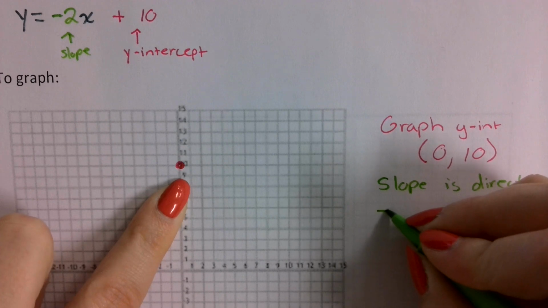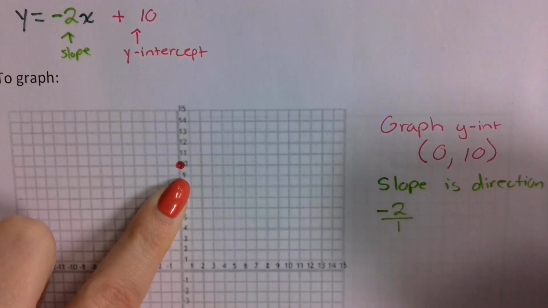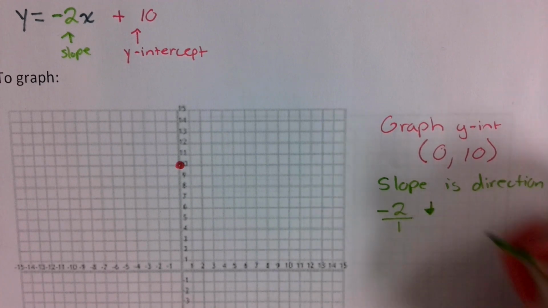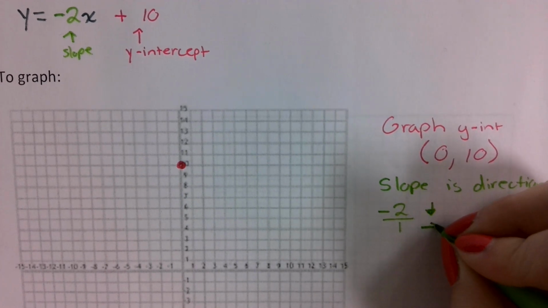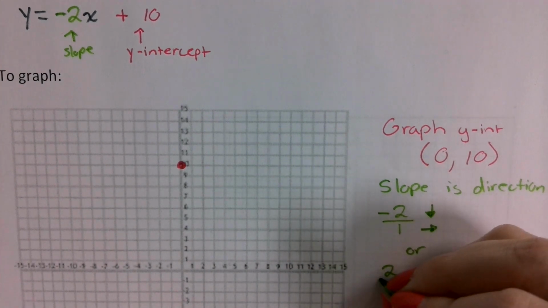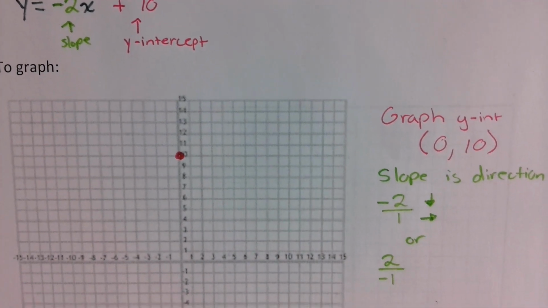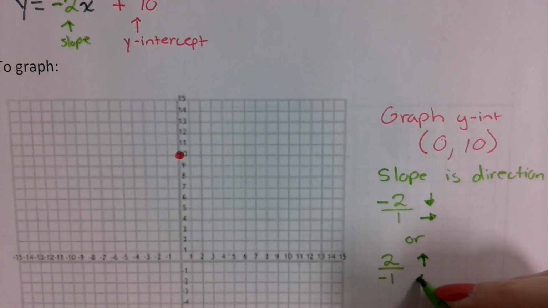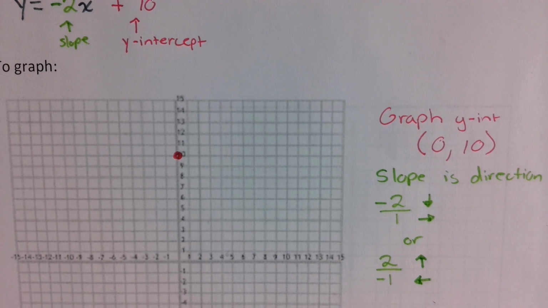Since my slope was negative 2, I can write it as negative 2 over 1, which means I'm going to go down 2 points and then to the right 1 point. Or I could write it as positive 2 over negative 1, which means I would go up 2 positions and then move to the left 1 position.